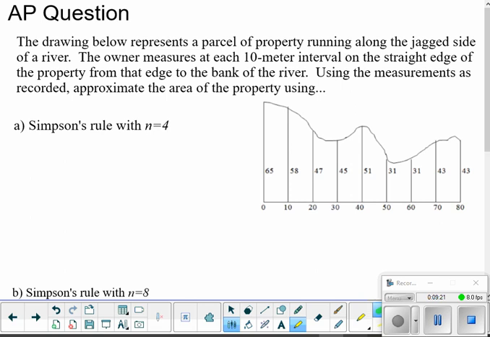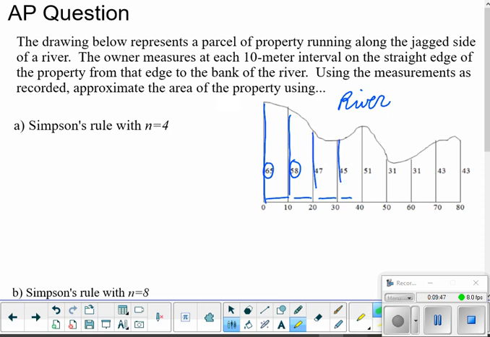All right, the drawing below, let's go through this. This was an AP question once upon a time. The drawing below represents a parcel of property running along the jagged side of a river. So here's our river, right? The jagged side. The owner measures at each 10 meter interval and gets the length of the property from that straight edge to the river's edge.